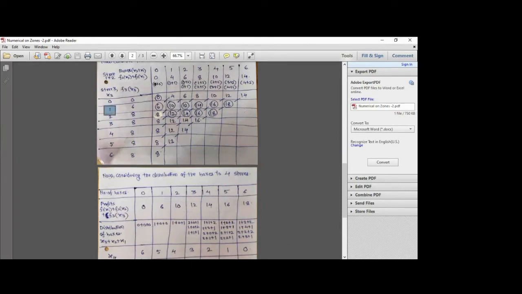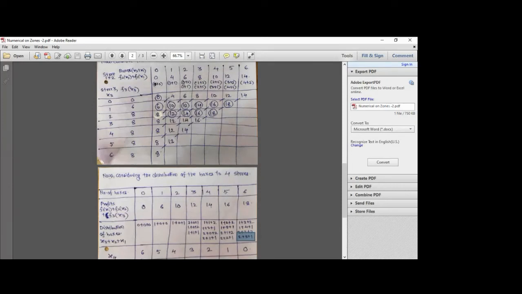Next, for this 18, it is 2 plus 2 plus 2, and next it is 2 plus 3 plus 1, right? So these are the various combinations that we are having.